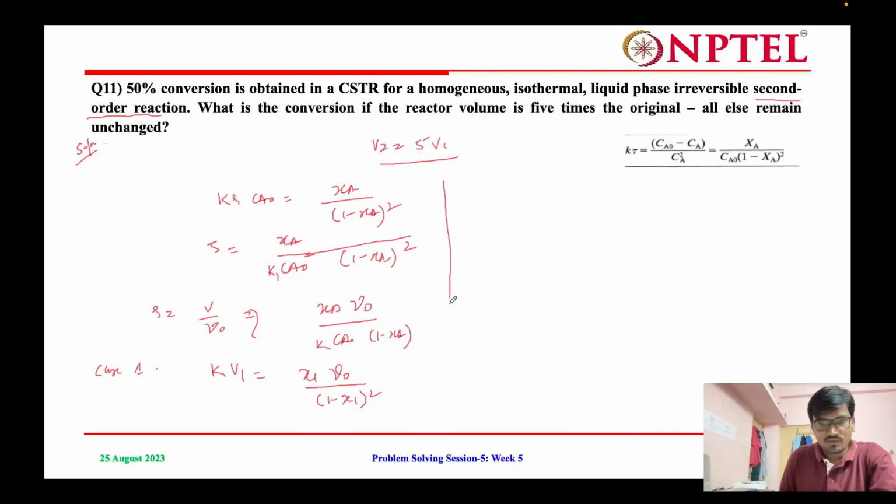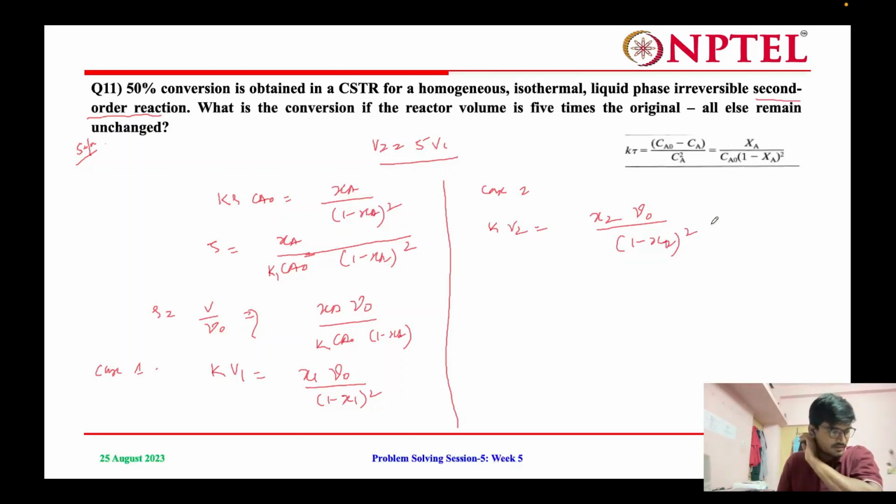And case 2: k V2 / V naught equals X2 / (1 - X2) squared. This is equation 1, equation 2.